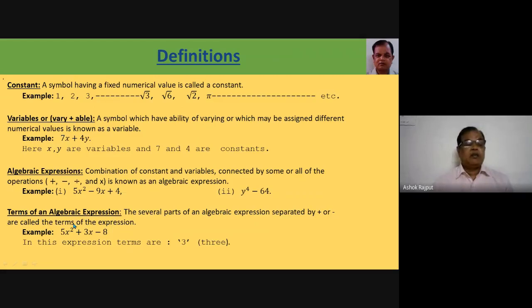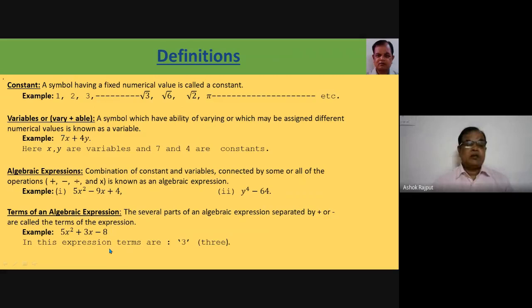Then terms of an algebraic expression. How do we decide the terms? How many terms are in the given expression? The several parts of an algebraic expression separated by plus or minus signs are called the terms of the expression. See the example 5x square plus 3x minus 8.